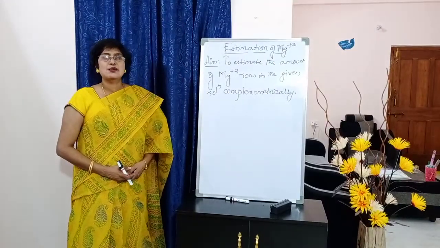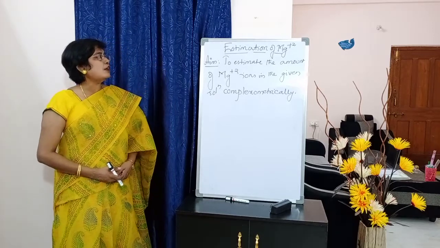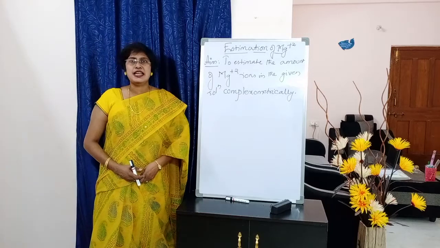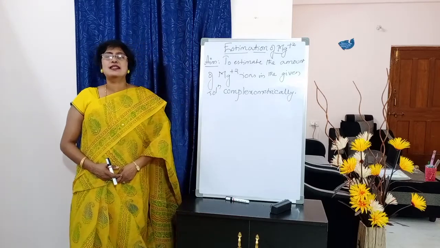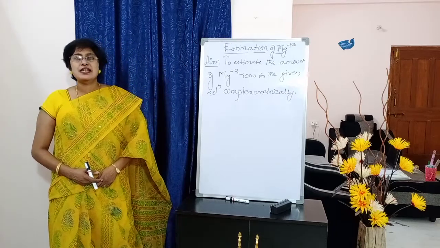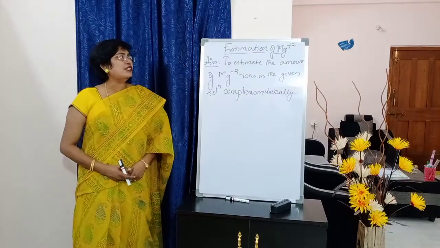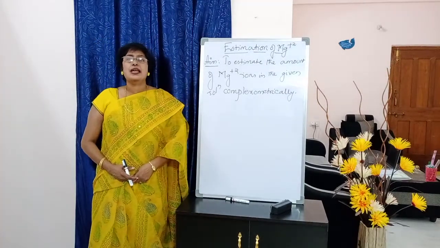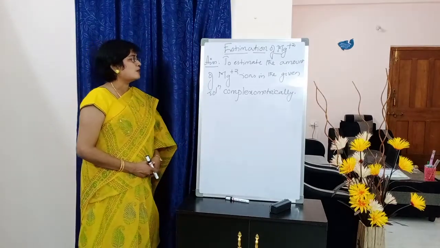So students, as we all know, it starts with the aim. What is the aim of the experiment, students? The aim is to estimate the amount of Mg+2 ions present in the given solution complexometrically.